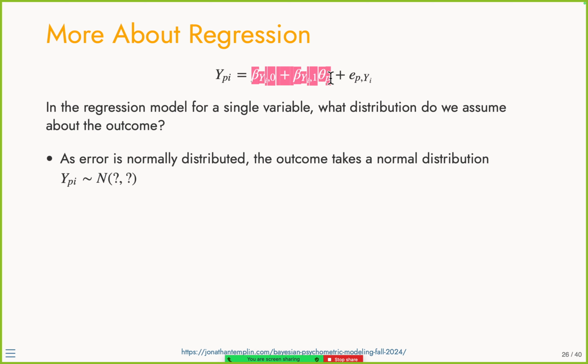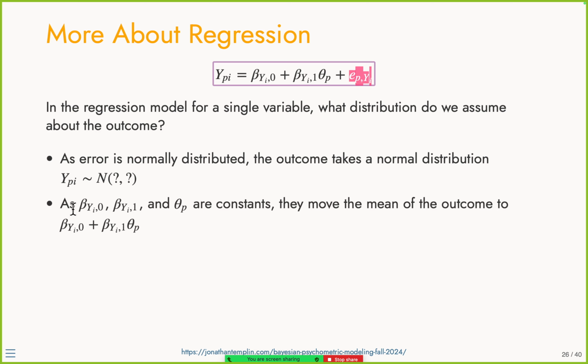Beta 0, beta 1, and theta are all known or constants. So we know that we didn't put a distribution on these in a linear regression sense. We will in Bayes. In that sense, error follows a normal distribution. These things don't. So basically, y takes the distribution of error right here. So y's distribution is normal.